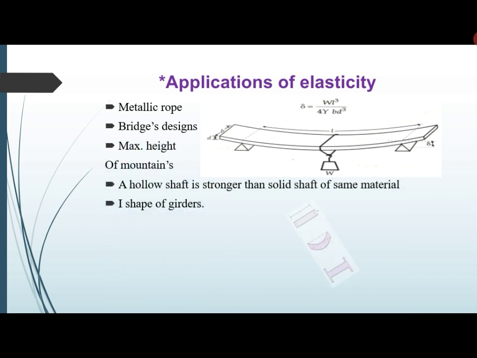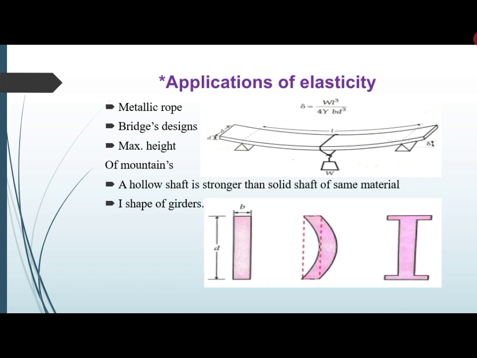And you can see it from this figure that we are having I-shaped bars. Now the maximum height of a mountain on earth also depends upon the shear modulus of the rock, and the hollow shaft is stronger than a solid shaft which is made up of the same quantity of material.